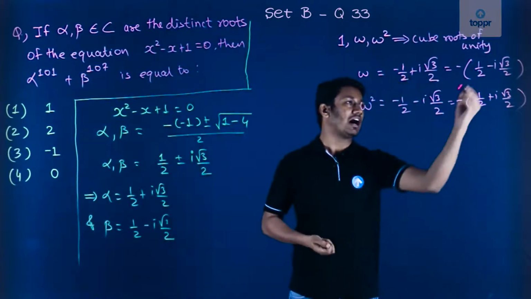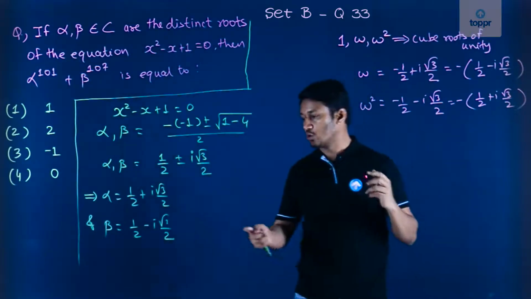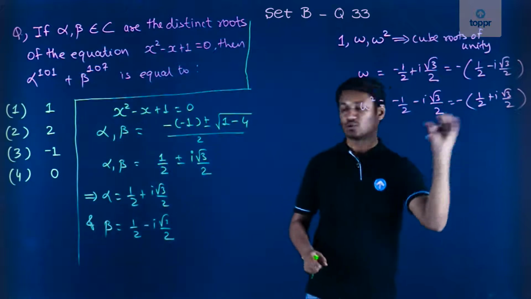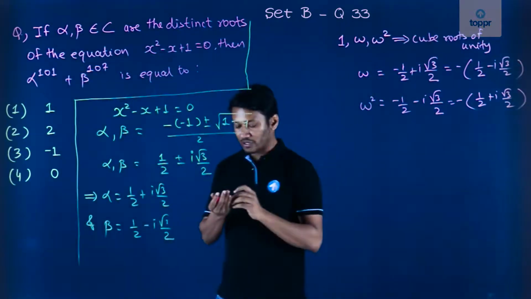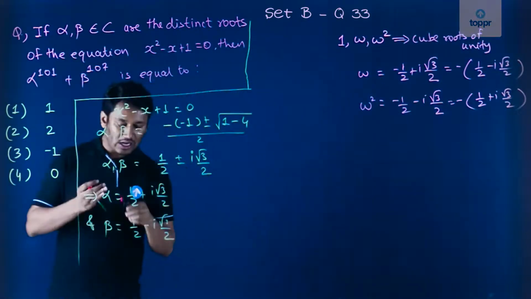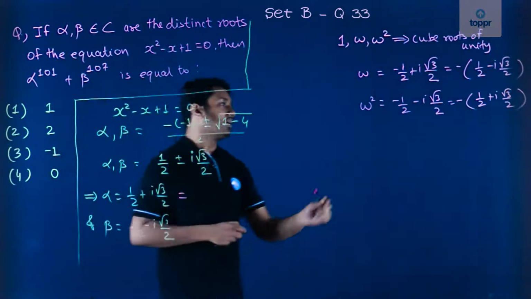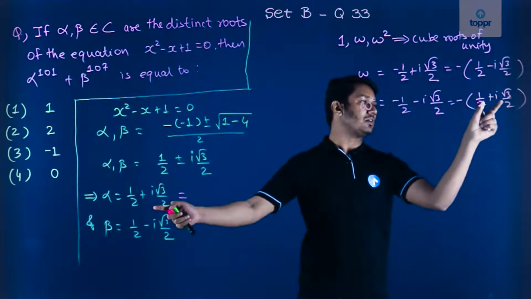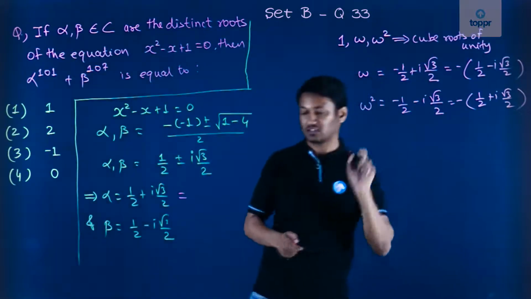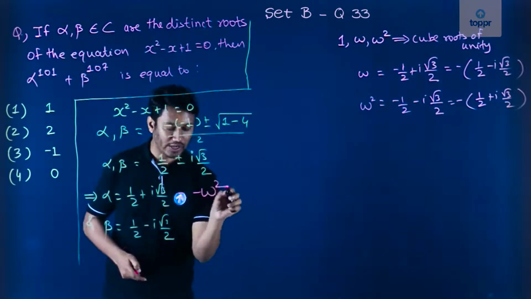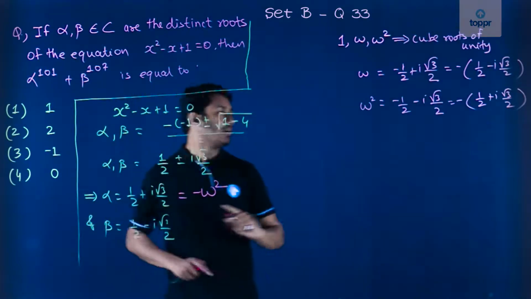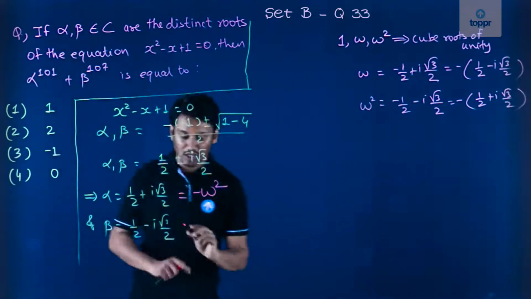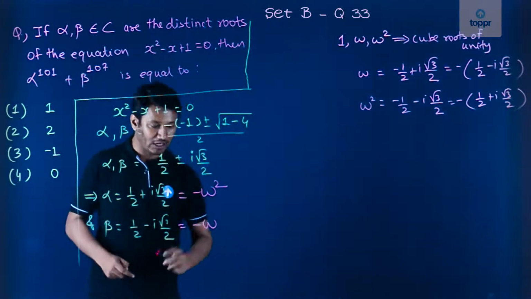Now you can see that half minus i times root 3 by 2 is beta, and half plus i times root 3 by 2 is alpha. So alpha is nothing but minus omega square, and beta is nothing but minus omega.